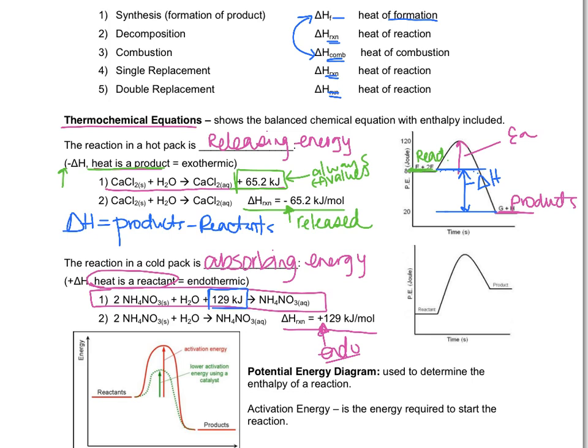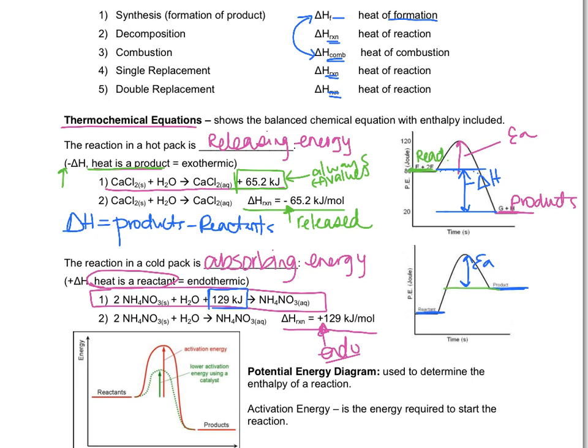It's showing that the ammonium nitrate plus the water plus 129 kilojoules made the ammonium nitrate aqueous, which is really just ions. Okay, so let's look at what's happening. Here are my reactants. Here are my products. Remember that this is the energy of activation. We don't really care about that; that's the amount of energy we have to put in to get started.